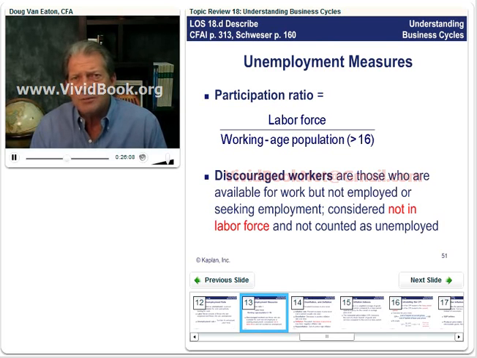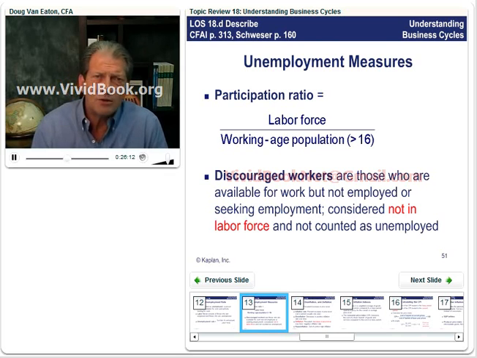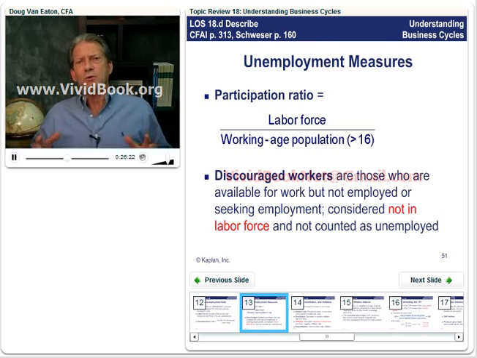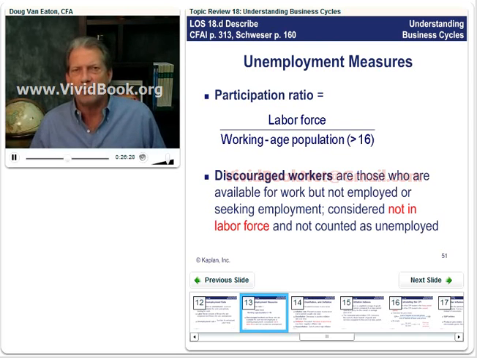And we see sometimes this participation ratio fall, and it's been falling over time lately. One thing that causes that to fall is discouraged workers. If you've got a worker who's available for work and been looking for work, but just can't find it, and after 6 months just says it's not even worth the trouble to look, that's a discouraged worker.